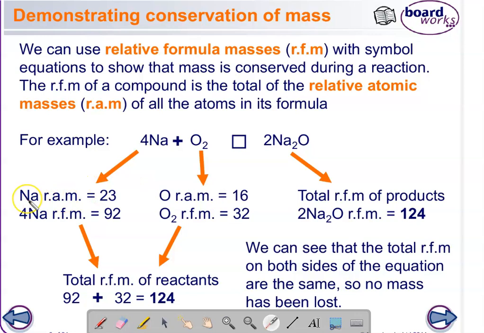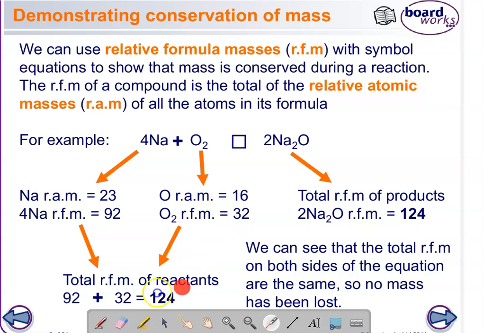The relative atomic mass of sodium is 23, and we have 4 lots of sodium, so multiply 4 by 23, you get 92. Go to oxygen. The relative atomic mass of oxygen is 16. We've got 2 lots of oxygen in the oxygen molecule. Multiply 2 by 16, you get 32.